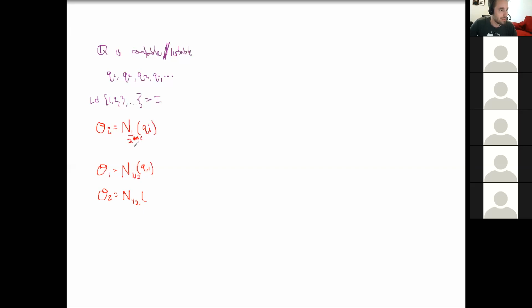So that would be 2 to the I, so that's 1/2. This should be 1/4 around Q sub 2. O sub 3 will be N sub 1 over 2 cubed, so that'll be 1/8 around Q3, and so on. In general, O sub I is going to be N sub 1 over 2 to the I around Q sub I.